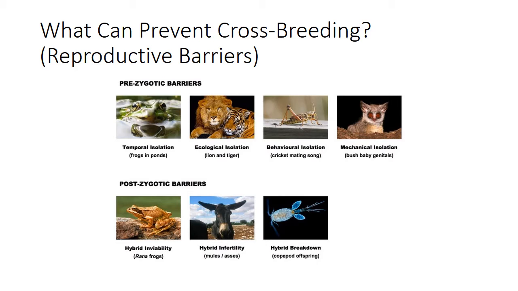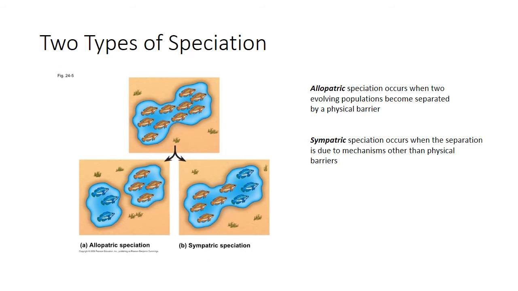Okay, then the specialists in evolutionary biology always say that there are two different kinds of speciation, and both occur, but you can't tell one from the other.